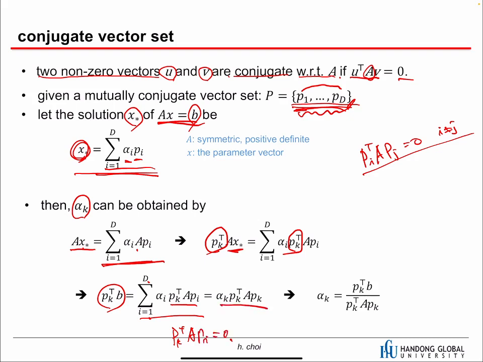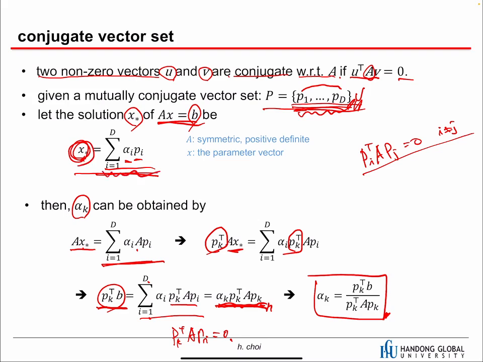When i is k, then this one is not 0. From this, we got this weight, so alpha sub k can be calculated in this way. In summary, when we have a conjugate vector set, the solution can be represented in this way.